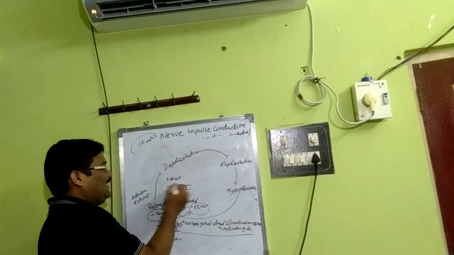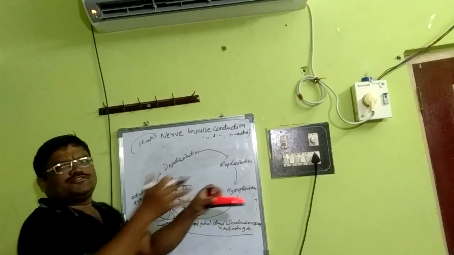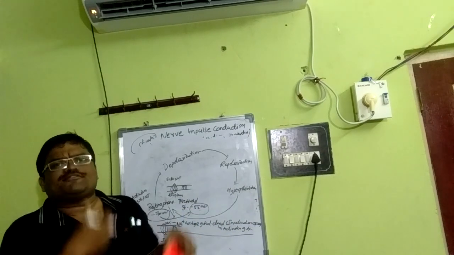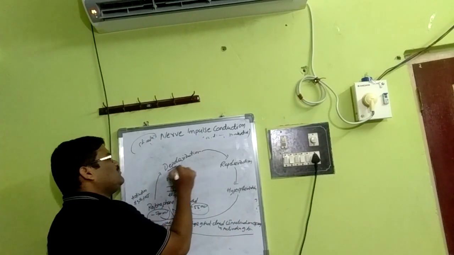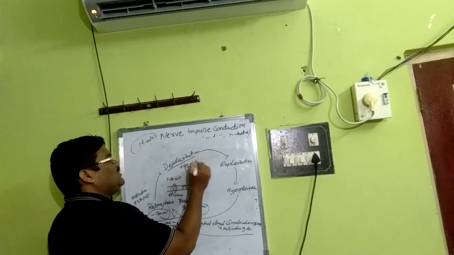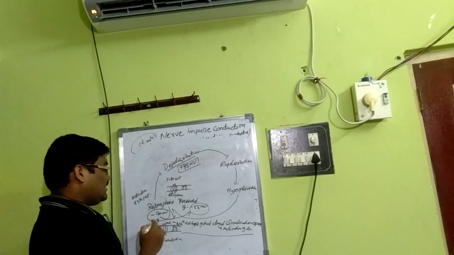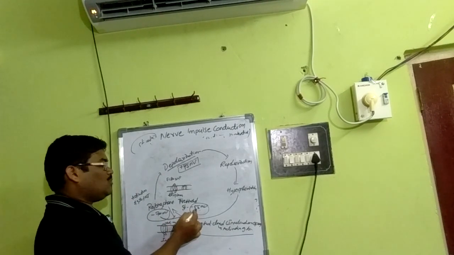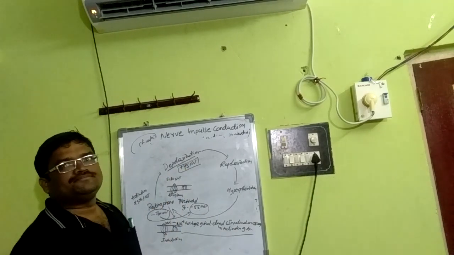Later onwards, there is rapid influx of sodium, because more channels are there, and rapid influx of sodium gets inside the exoplasm. It leads to a stage called depolarization, where the membrane potential changes to plus 45 millivolts. I told you already, a momentary change in the membrane potential. The resting phase minus 70, the threshold minus 55 millivolts, then depolarization plus 45 millivolts.